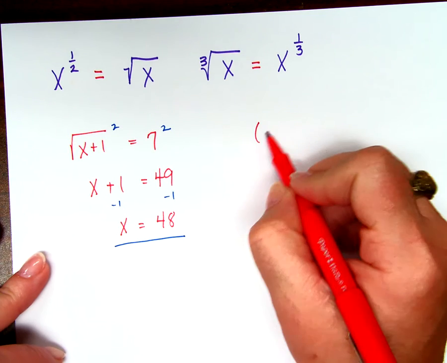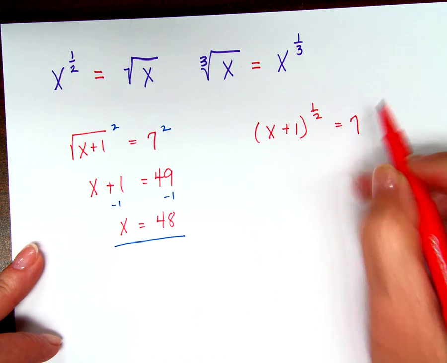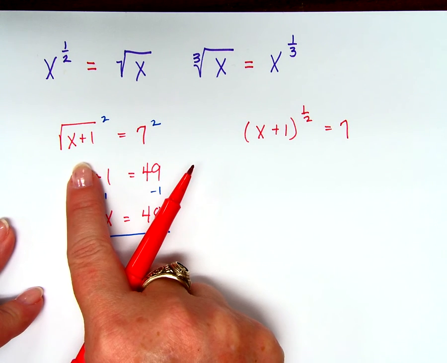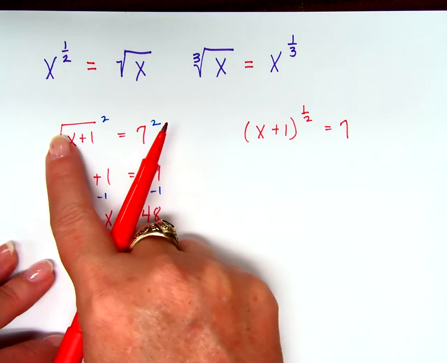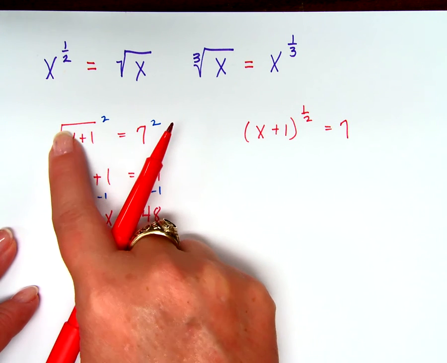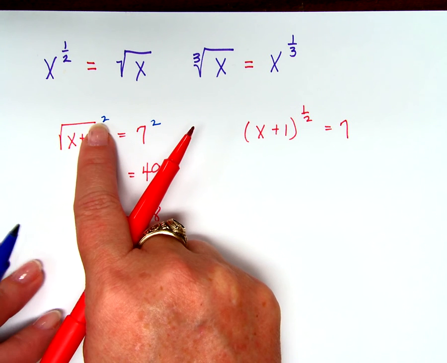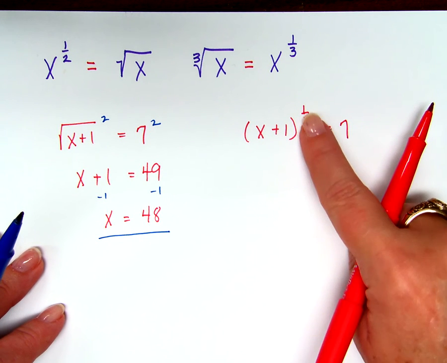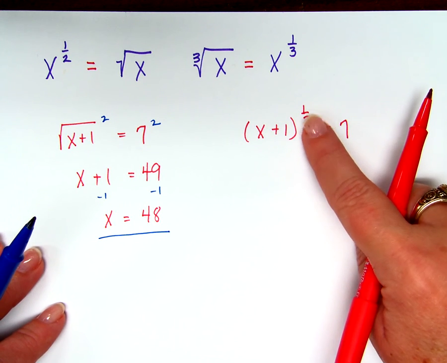But the thing is, if I start here and my problem looks like this, it's the same problem. You have to think about it a little differently, only because a lot of you see this visual clue right here, and you know, oh, that's square root, I've got to undo the square root by squaring it. Okay? The visual clue that you see over here is this fraction. Well, how do I undo a fraction?